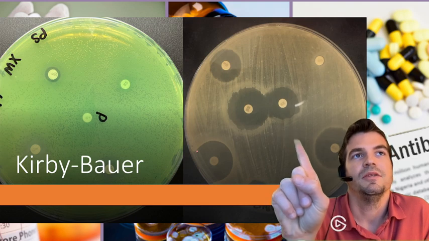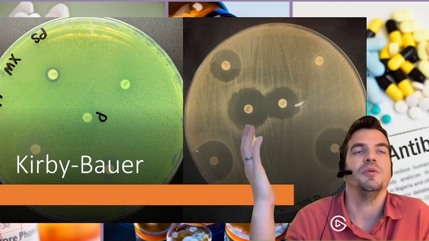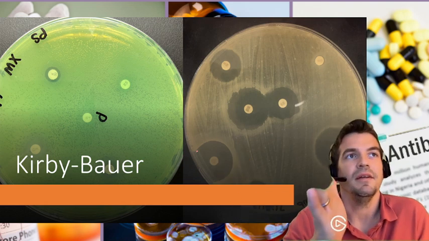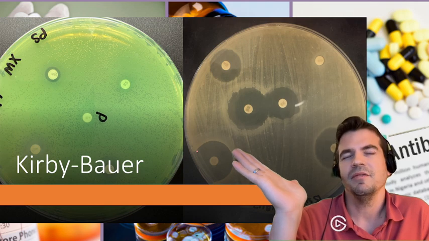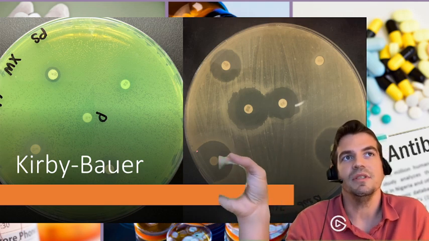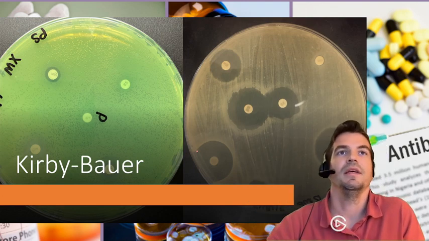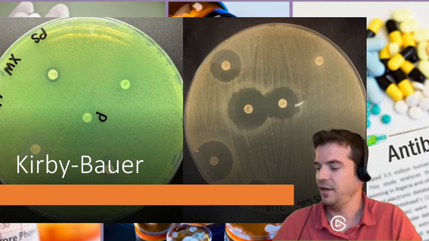So right away we can tell the difference between our Pseudomonas infection and our normal infection. In addition to the green color, if you ever see green and blue or greenish blue, it's almost always a Pseudomonas infection.